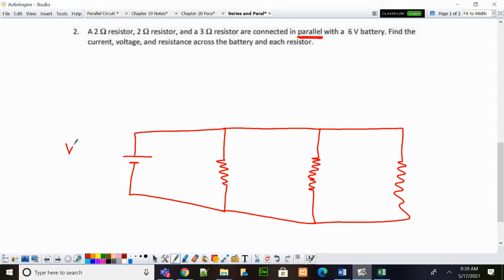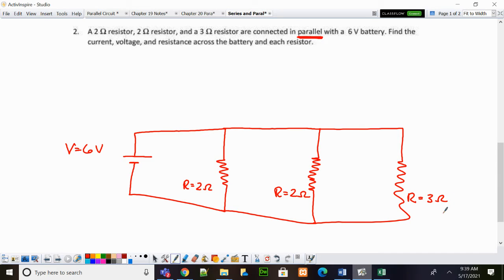So this is a 6-volt battery. And this is a 2 ohm resistor. And then this is a 2 ohm resistor as well. And then the last one is a 3 ohm resistor.